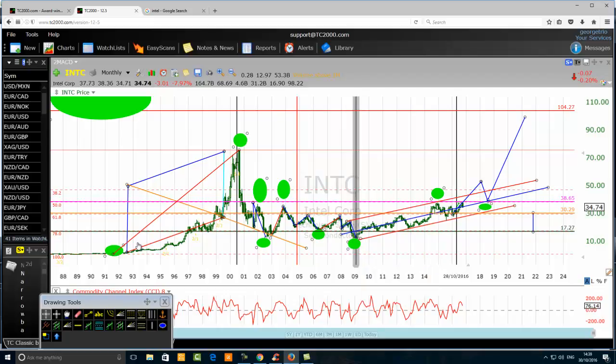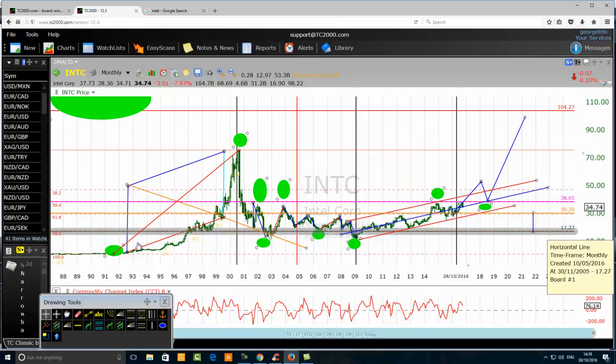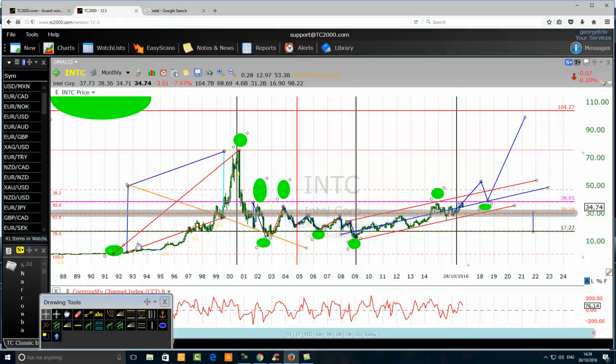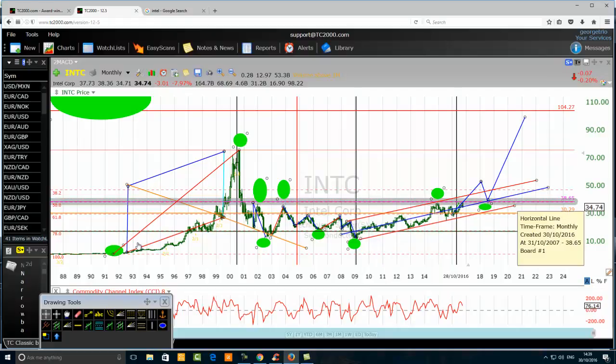And you can see that Intel was near the level of $10. If you bought it around that zone at that point in time, or if you waited until it reached $17.27 and you bought it, you would have achieved probably 300% profit. You would have tripled your portfolio value. If you bought it at $10, now the stock went up to $38.65.